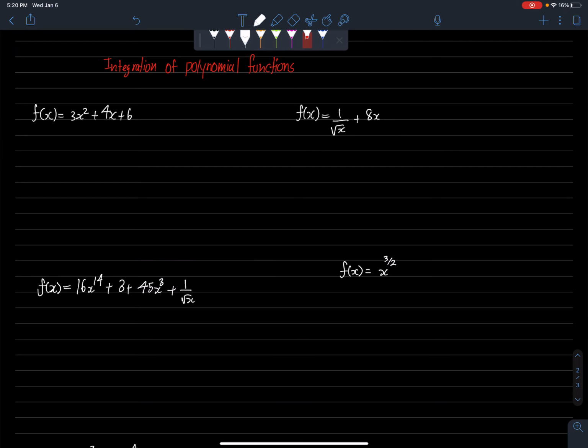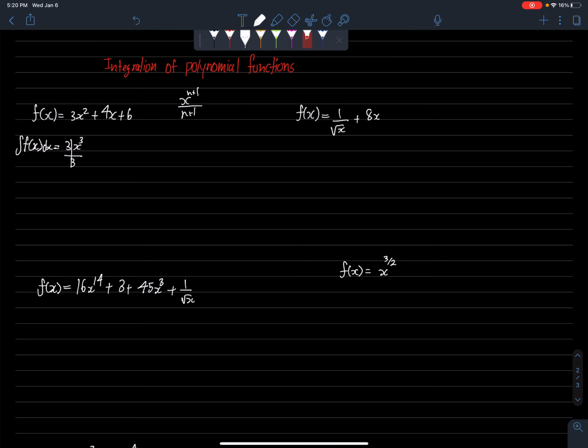So the first one, we want to take the integral of f of x. It's going to be 3x squared. We know the rule, it's x to the n plus 1 over n plus 1. We got 3 here, we don't touch that. So it's going to be x cubed over 3. The 3's cancel out.